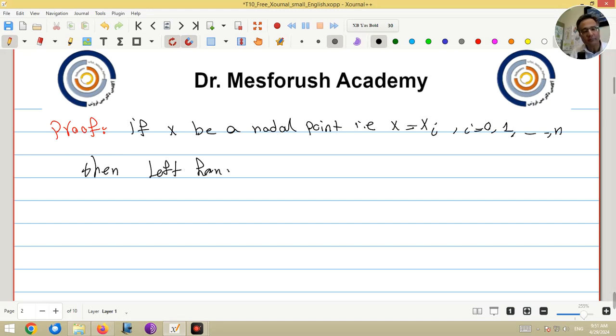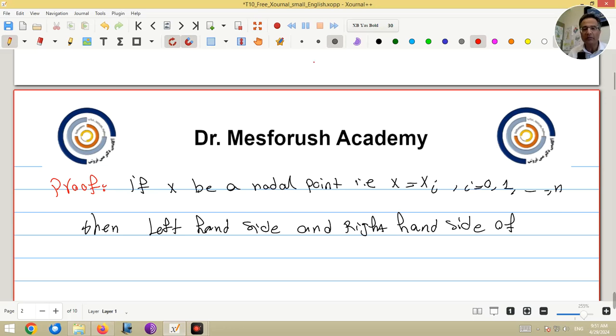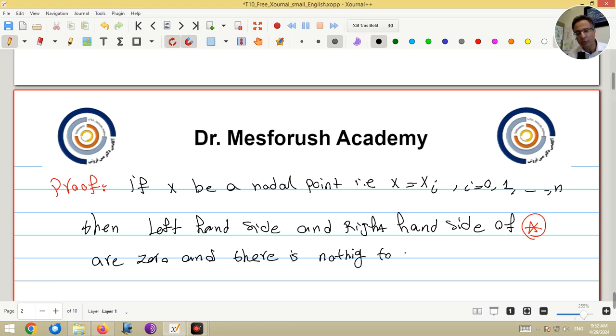Let me call this formula star. If x is a nodal point, then both sides of star are 0, and there is nothing to prove.